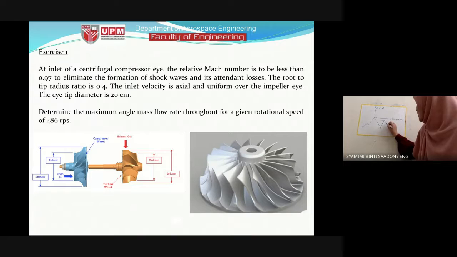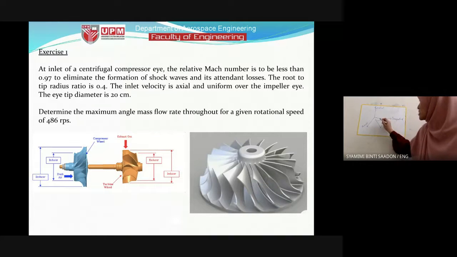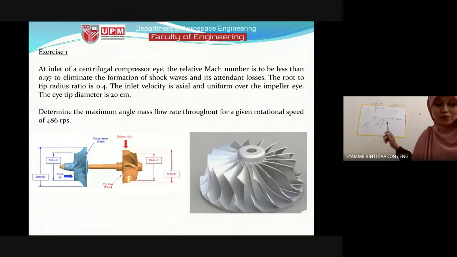We name this C1. C1 is the absolute velocity of the fluid entering the compressor. U1 is the rotational speed of the blade of the compressor, so absolute and rotational give us the relative velocity that we know as W, or sometimes V. Here we use W. So this is the relative velocity.